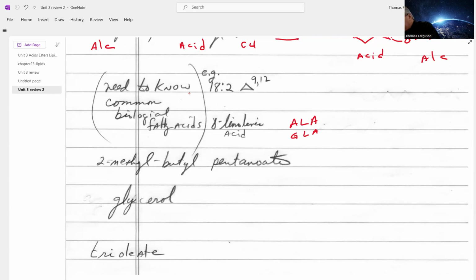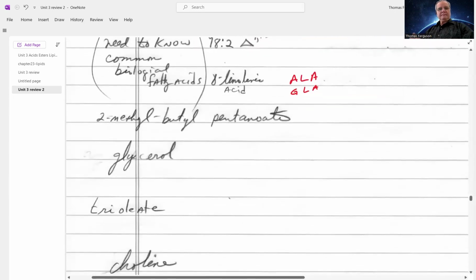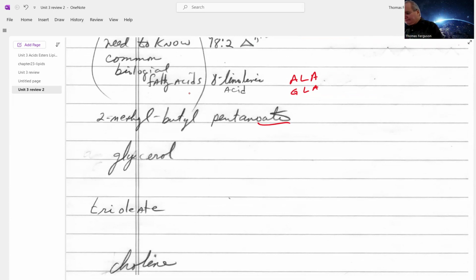This would be the gamma one. Okay, we have another O minus, so that means it's an ester or salt. So this is the alcohol part. Acid part.